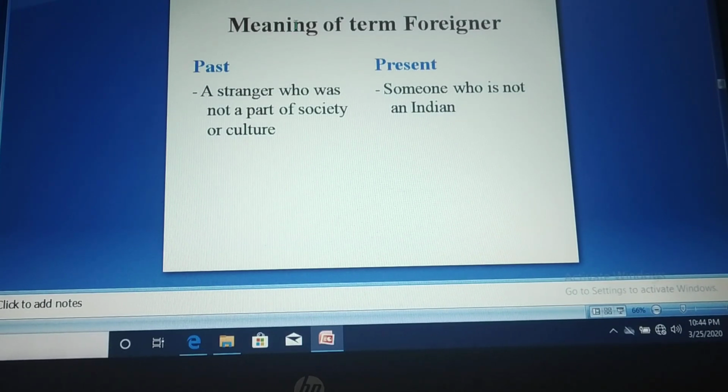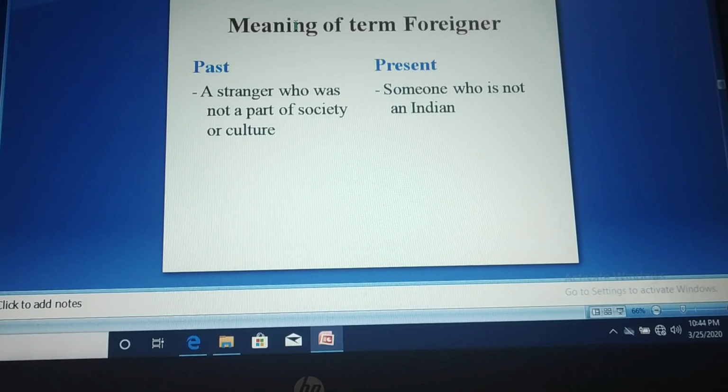The second term which we see here is the term Pardesi, or the foreigner, right? In the past, a foreigner was a person who was new to that particular area or culture. A stranger who was not a part of the society or culture was a foreigner or a Pardesi. But nowadays, foreigner means someone who is not from India. In the past, if a person from Madhya Pradesh went to Delhi, he was a Pardesi for that region.